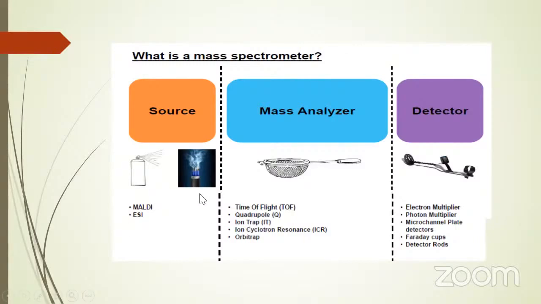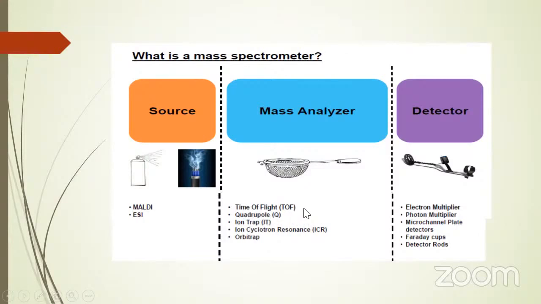So in the source, the ion is formed, and it will go through a pipe that is called the mass analyzer. The mass analyzer is basically a sieve which passes the molecules based on their mass by charge ratio. There are different types of mass analyzer, such as time of flight.